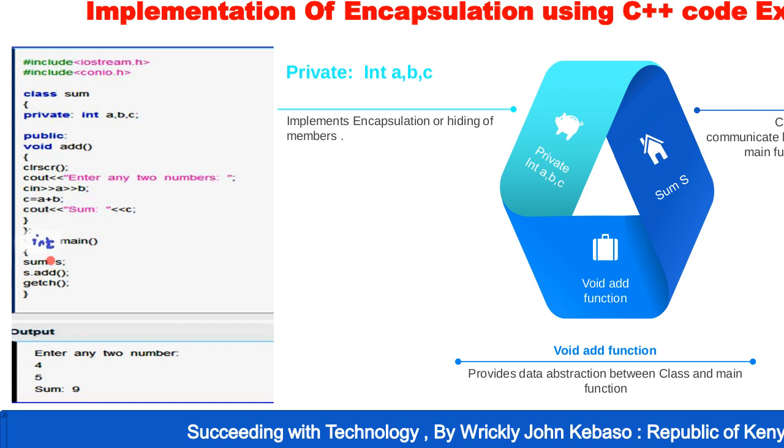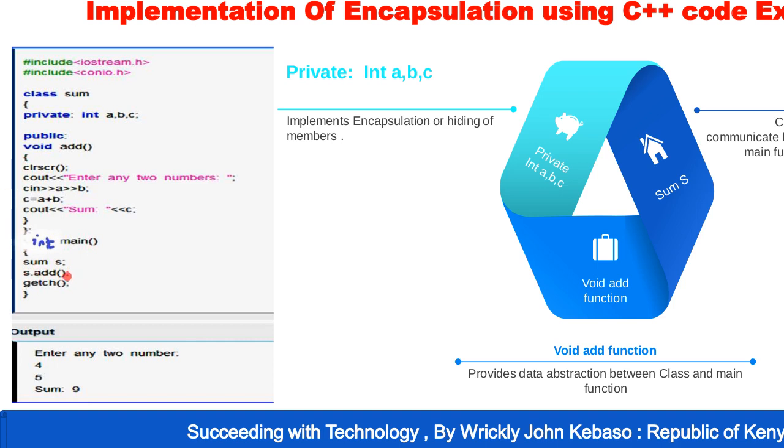Use the variable that has been created for that class, dot, then put in the function that is within that class, and you simply write it with the opening and closing bracket, so you avoid the word void. So what the main function is saying is, please can you do what is in you and provide me the answer.